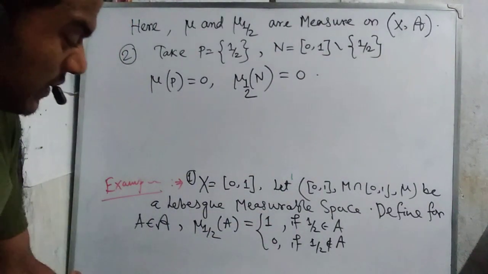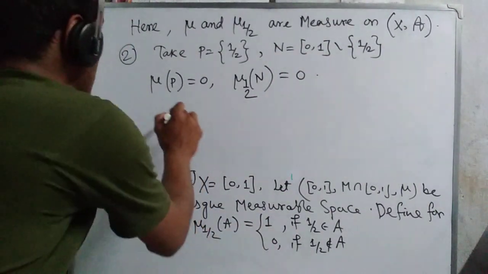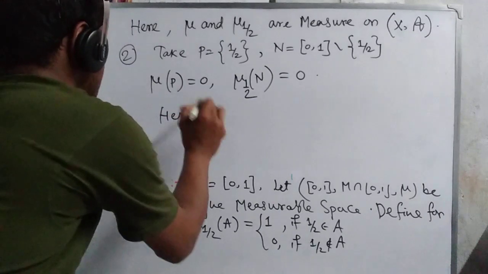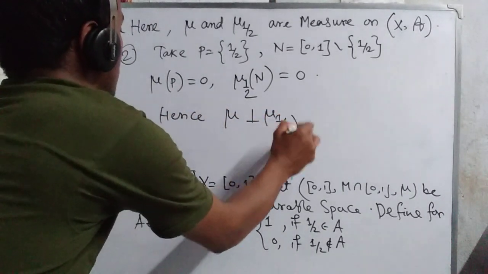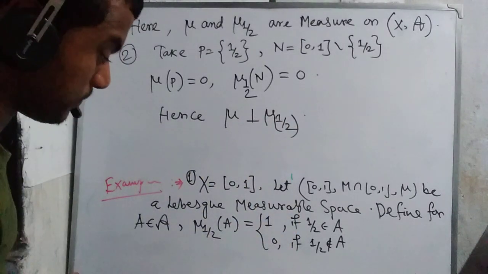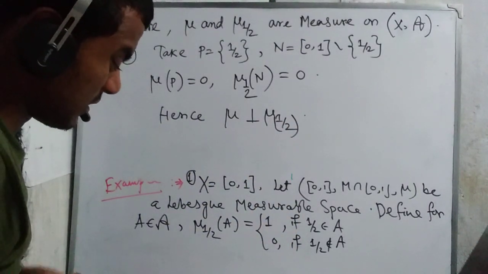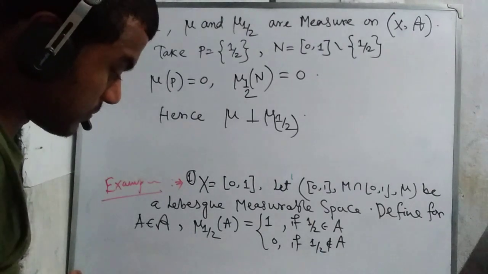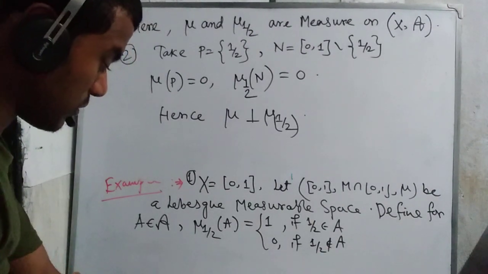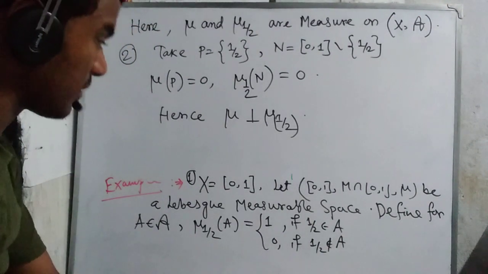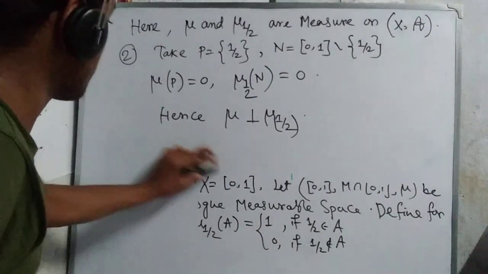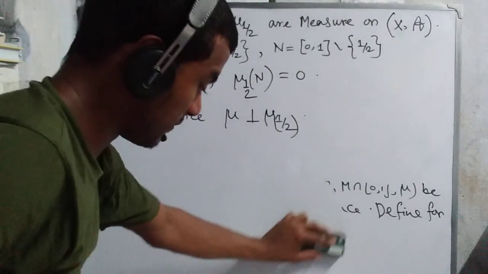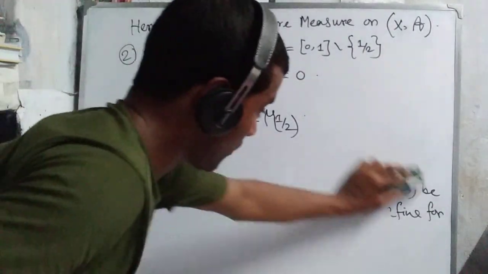Hence mu is perpendicular to mu half. That means mu is perpendicular to mu half. Next we erase that portion and go to another example.